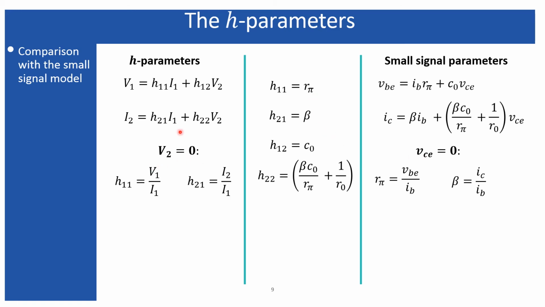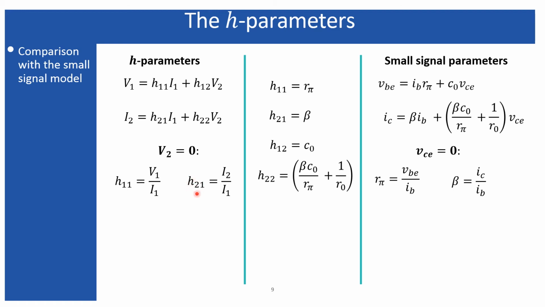Similarly, V2 equal to 0 from the second equation gives H21, which is the ratio of I2 to I1. From the second equation of the small signal model, we obtain beta equal to IC divided by IB. As I told, this is the forward coupling coefficient, the ratio of I2 to I1. So I2 is produced due to the presence of I1, and it represents the amplification or de-amplification factor, whatever it is.